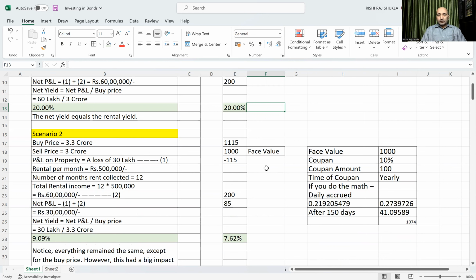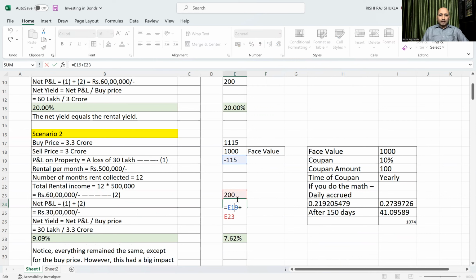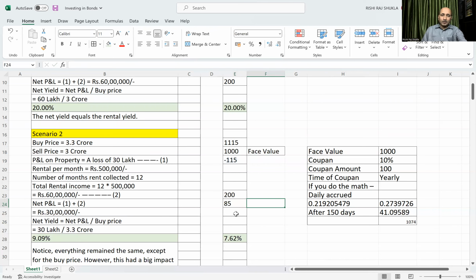And how much will be the rental income or coupon? Same 200. So total profit and loss, how much will it be? This plus this is equal to 85 rupees only, because this coupon income was reduced by this loss, as we have paid a premium.